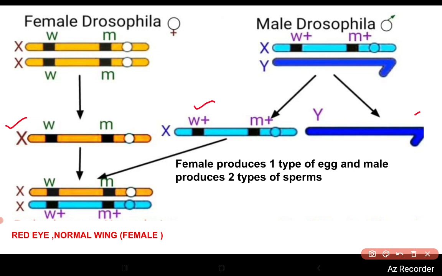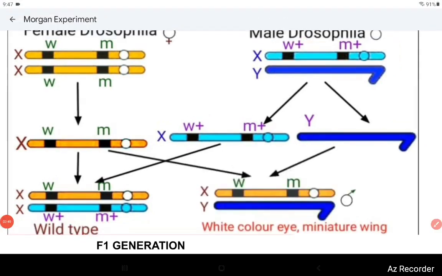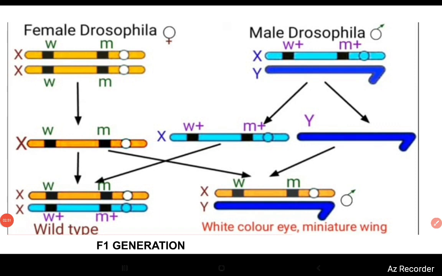So the X chromosome of the male combined with the X chromosome of the female gives a combination of red eye with normal wings, that is the female. And if we cross the X chromosome of the female with the X chromosome of the male, then the combination is this wild type.